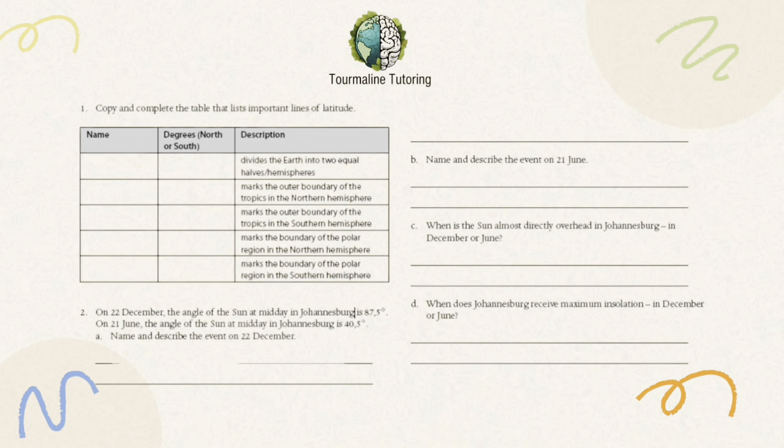So that's the answer. As a recap of this video, the take home, what you need to know. You need to know the seasons in each hemisphere. You need to know that on 21 June, in the southern hemisphere, we experience something called the winter solstice.